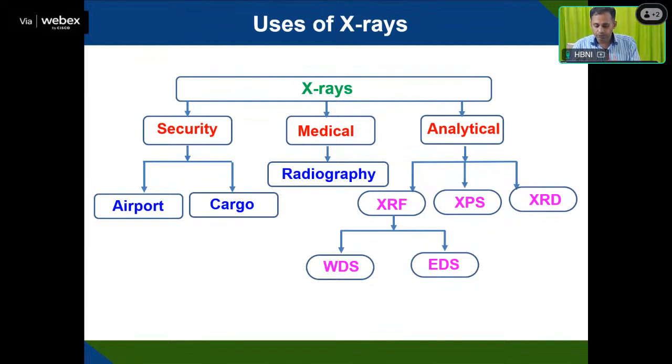X-rays are used in a wide range of applications, like X-ray fluorescence spectroscopy. We can use these X-ray sources, depending upon wavelength dispersive, WDS, or energy dispersive identification, to identify the chemical composition by using X-ray fluorescence spectroscopy. We can see for a zinc oxide sample whether zinc is there or not, and how much percentage is there.